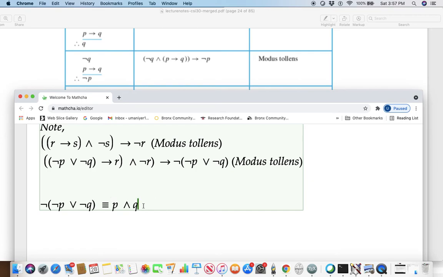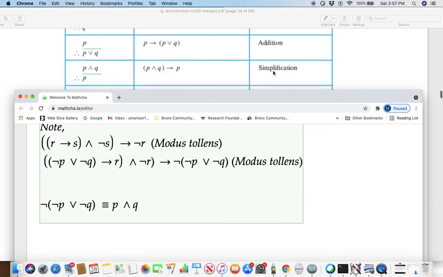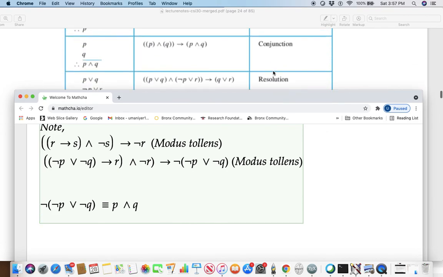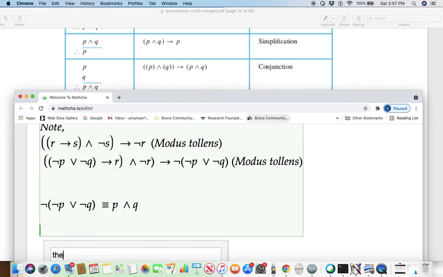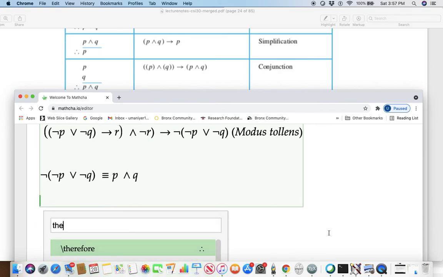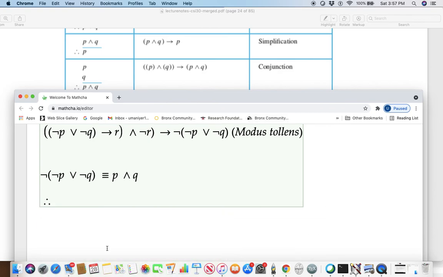So this, by the way, by simplification, we just saw, where did it go? There you go. P and Q implies P. Okay, therefore, P. This is simply simplification.